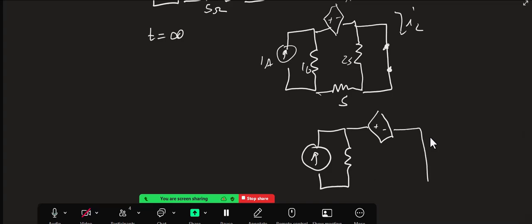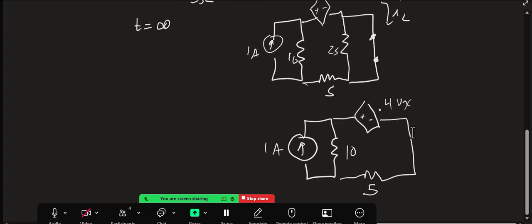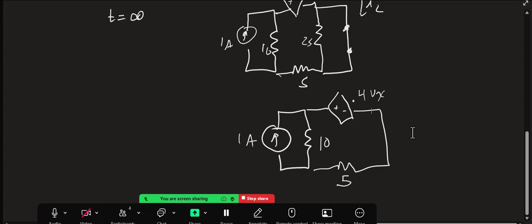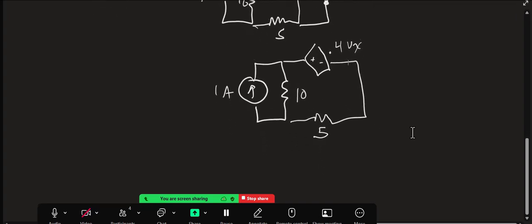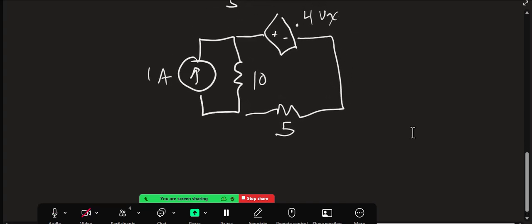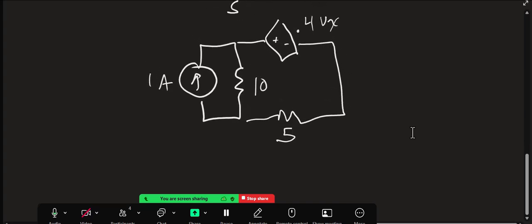Like this. Okay, so now we've got this circuit, and our job is to find this current right there. That's IL.